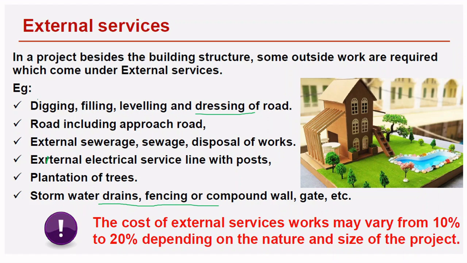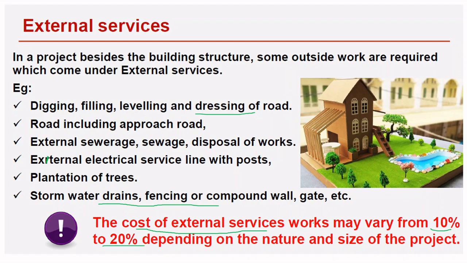If you are making a layout, then these external services will attract customers to buy plots in your layout. In the rate analysis chapter we will see that the cost of external services work may vary from 10% to 20% depending upon the nature and size of the project.